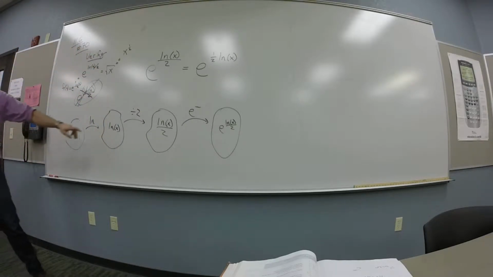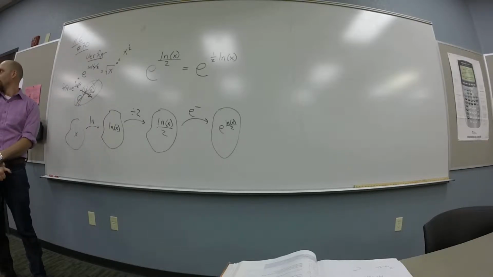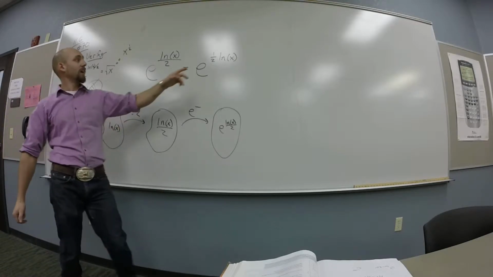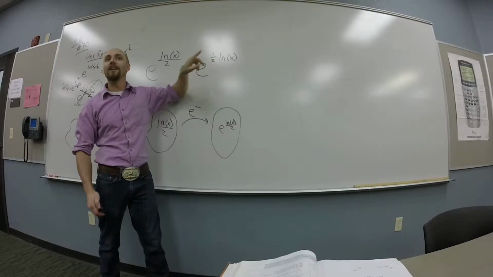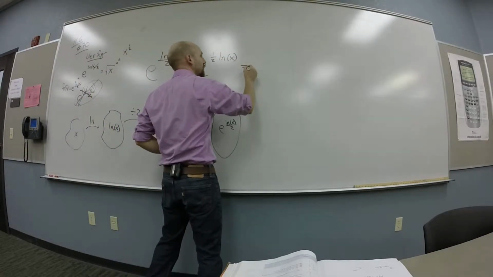So my problem was I had this divide by 2 in between these two things, right? Okay, so I have some log rules. My log rules say that if I have a number times a logarithm, I can put this up in the exponent.